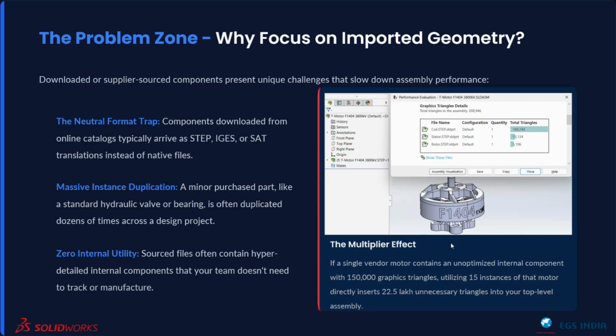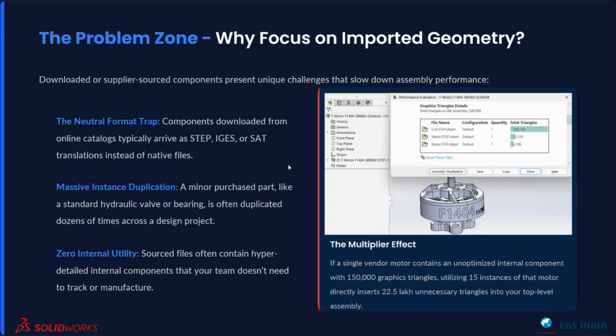In this example, the internal part that is not required is contributing 1.5 lakh graphic triangles in one instance. So let's say I'm using 15 motors across my assembly, then an unnecessary 22.5 lakh graphic triangles are inserted into my top level assembly, which is not required at all. This is one of the common issues when it comes to imported geometry.